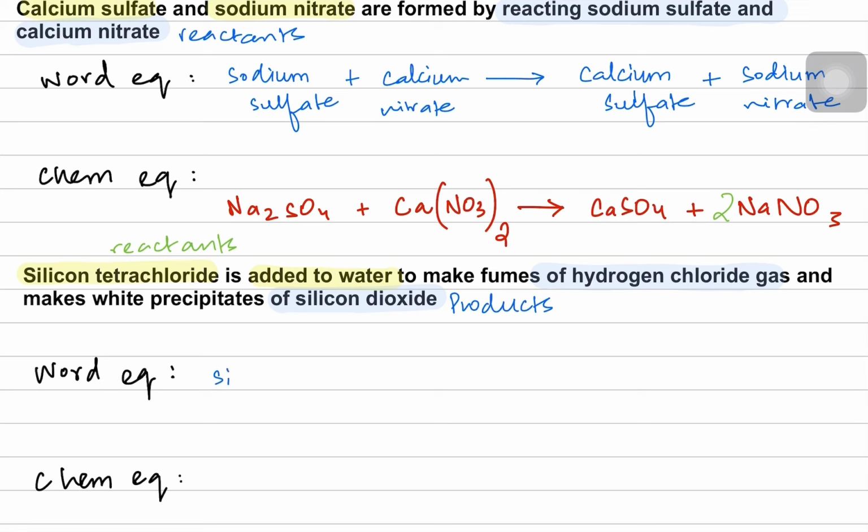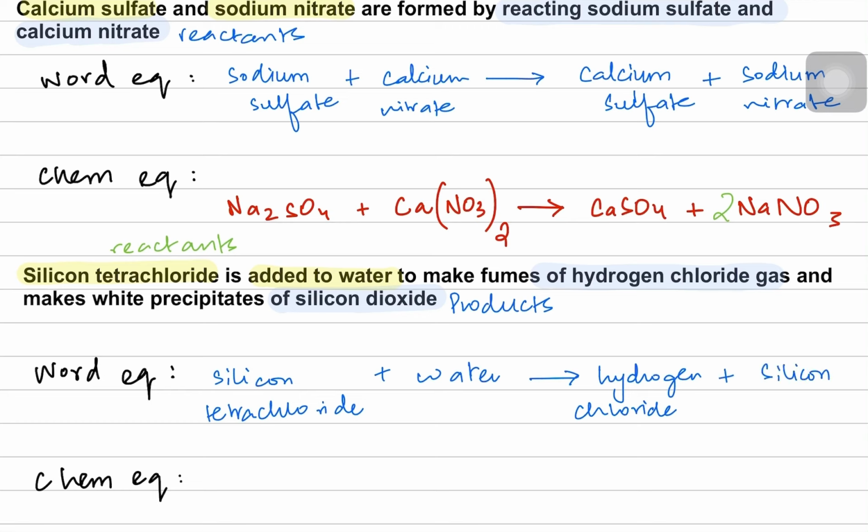So silicon tetrachloride plus water, arrow, hydrogen chloride and silicon dioxide.